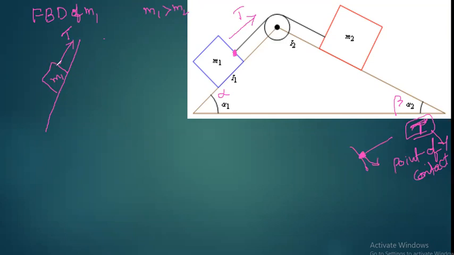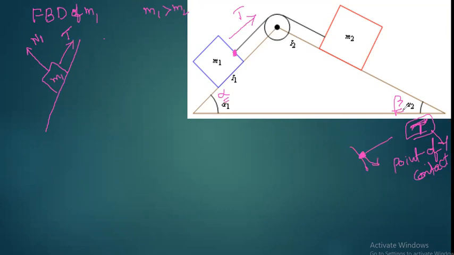Normal force is acting normal to the surface. Yes, very good. This is N1. Why am I taking N1 and N2? Here there are two inclined planes, two inclined planes with two different angles, so all becomes double here.